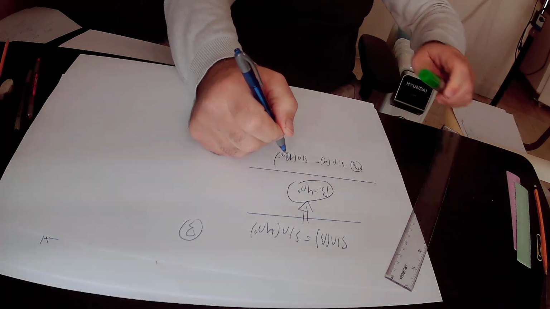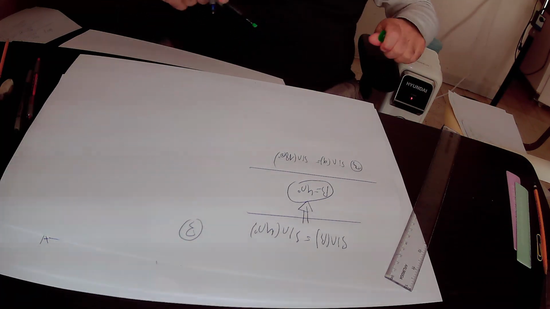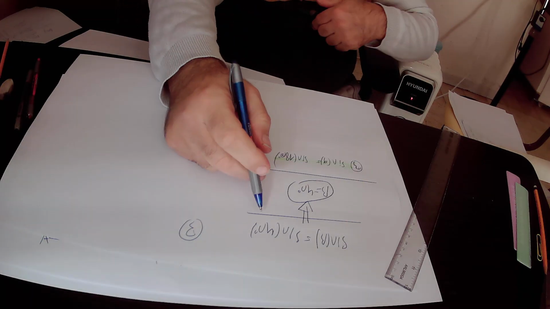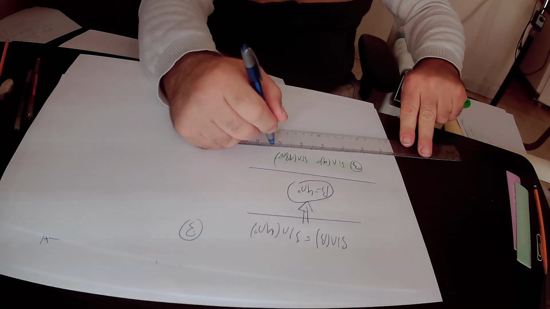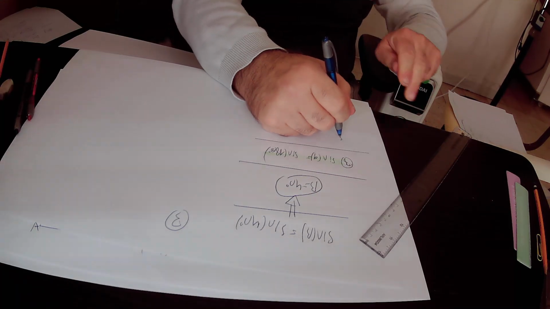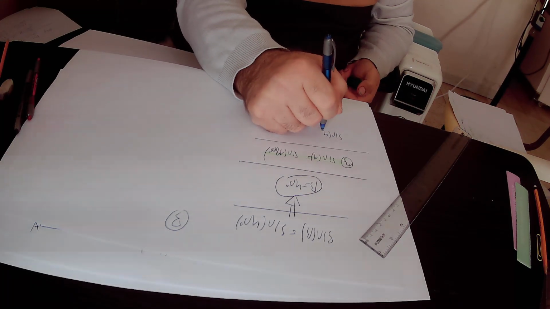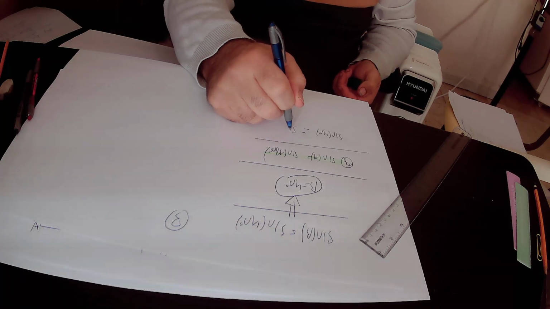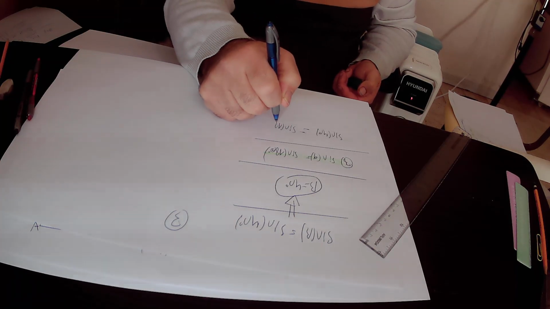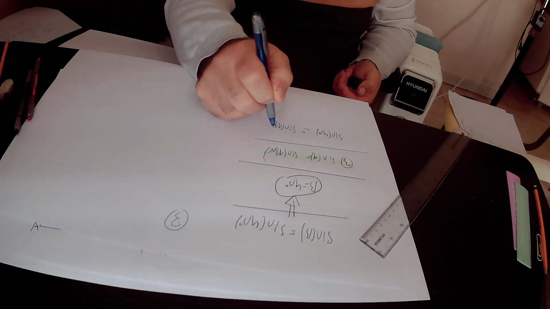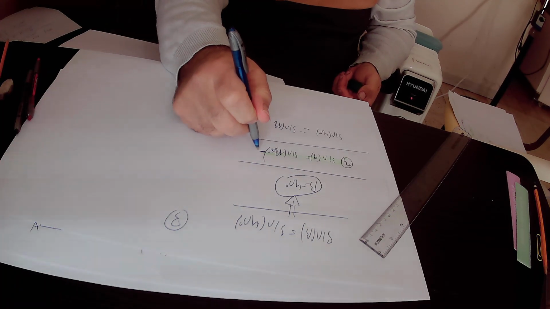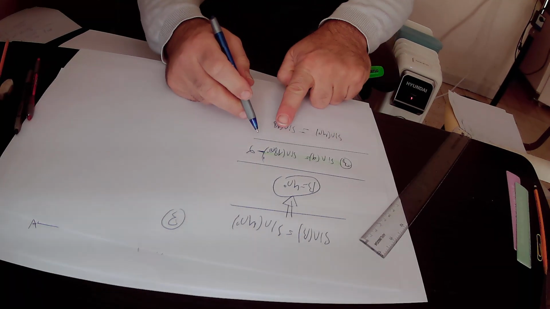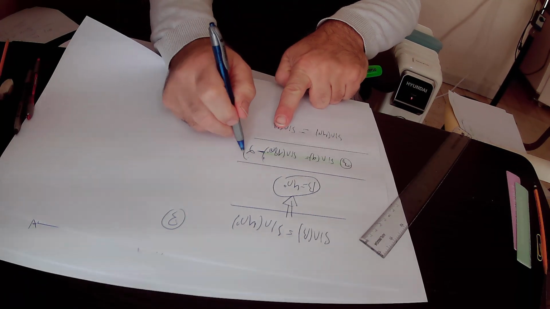According to this third trigonometric identity, sine alpha equals sine 180 degrees minus alpha.